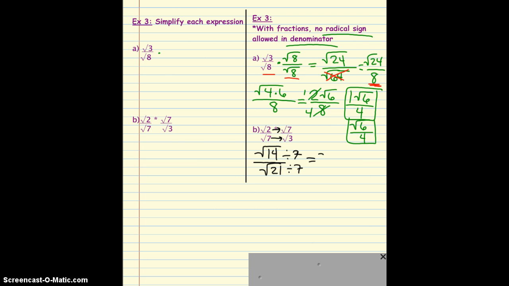And so we can have square root of 2 over square root of 3. But if we remember, we can't have radical signs in our denominator. So just like example A, we need to multiply by the denominator. Multiply by square root of 3 over square root of 3, and we get square root of 6 over 3. And that's as far as we can go.